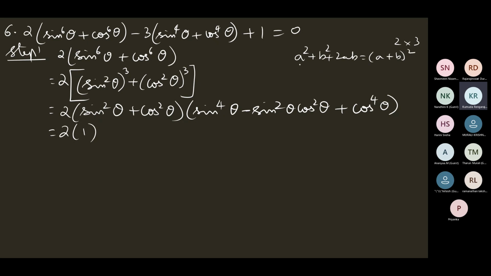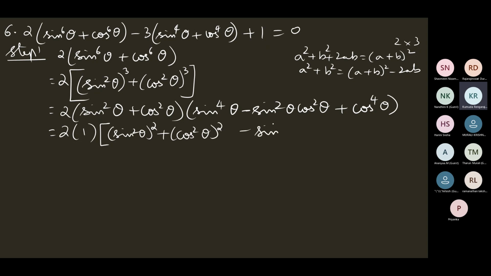So a square plus b square is equal to a plus b the whole square minus 2ab. So now we're going to write sine theta to the power 4 as sine square theta the whole square plus cos square theta the whole square, minus sine square theta cos square theta as it is.